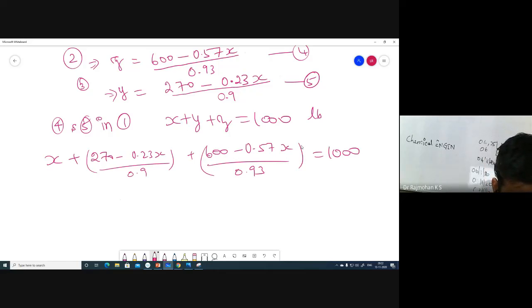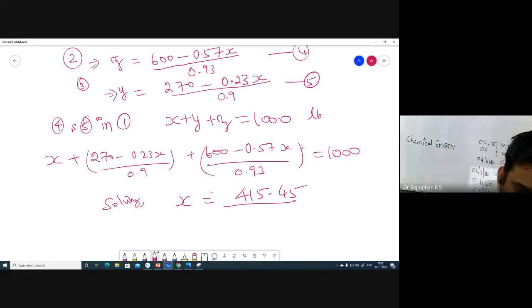So simplify and report the value of x. What we will get is x equal to 415.45.